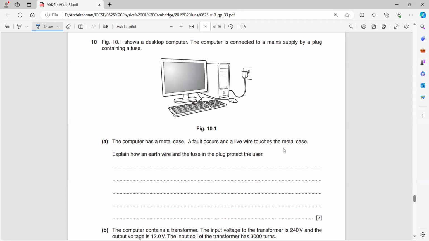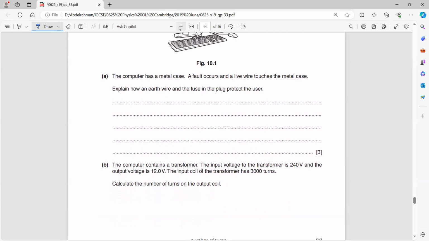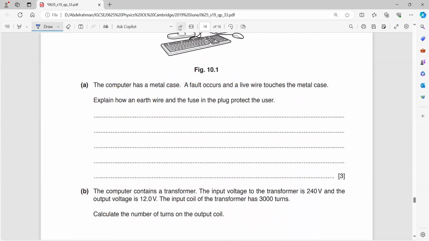How do the fuse and the earth wire protect the user? First, what does the fuse do? It melts when the current increases. So we can simply say the fuse melts and opens the circuit when the current increases.